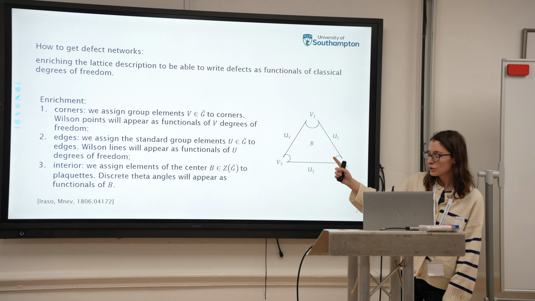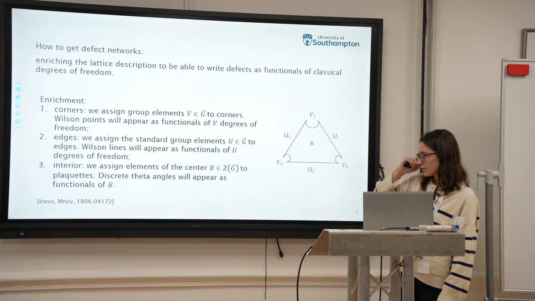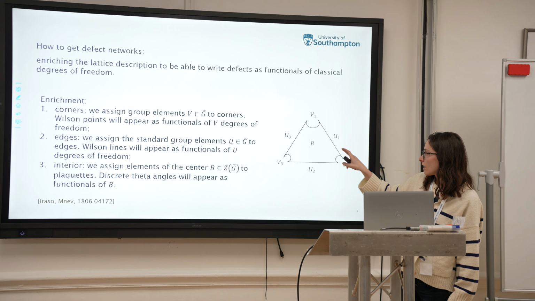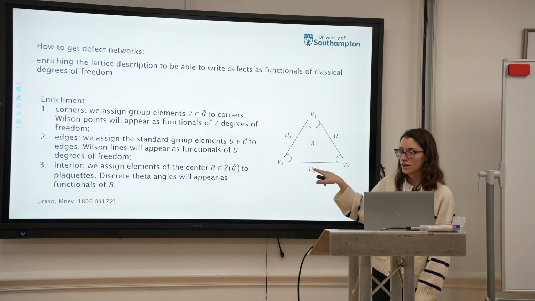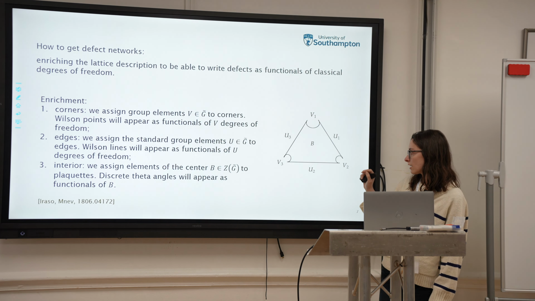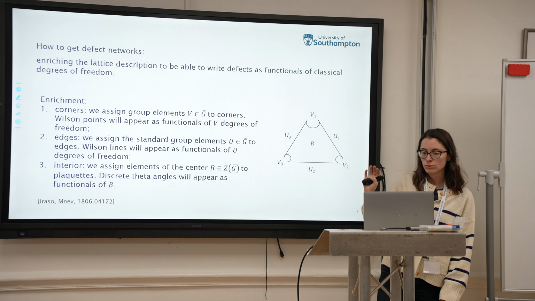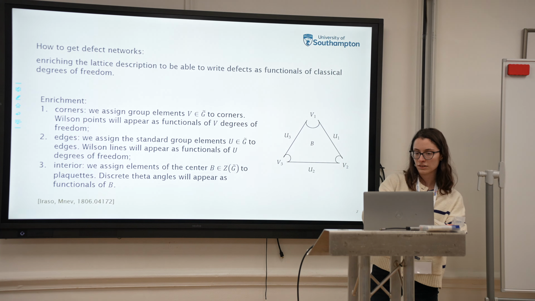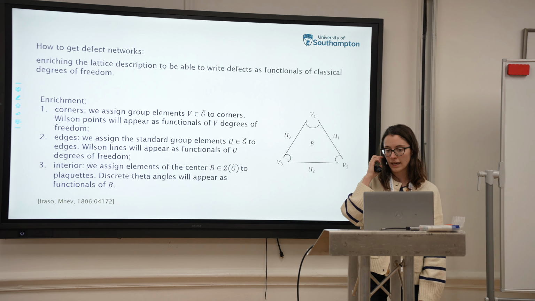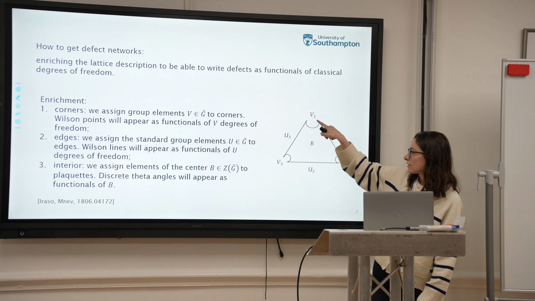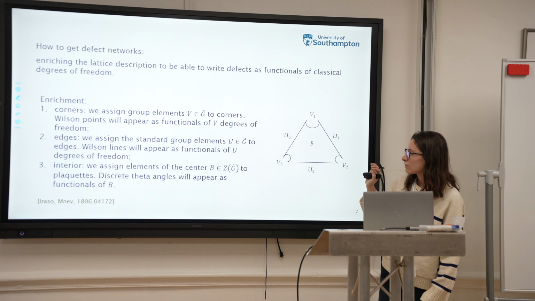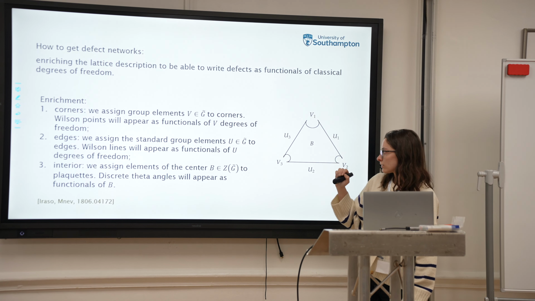So this is what the new plaquette looks like, our enriched plaquette. We still have holonomies associated to the edges of the plaquette. Now I have to assign degrees of freedom also to the corners. And we pictorially describe this as having these bites taken out of the plaquette. And we assign V degrees of freedom to the corners. Both U and V degrees of freedom live in the group, are group valued.